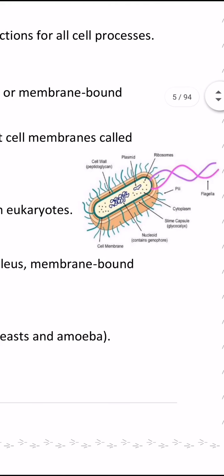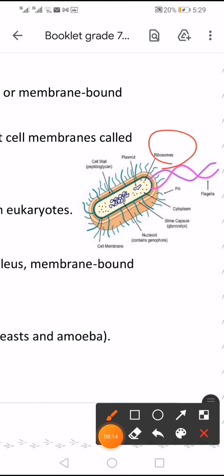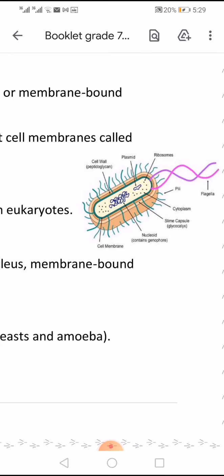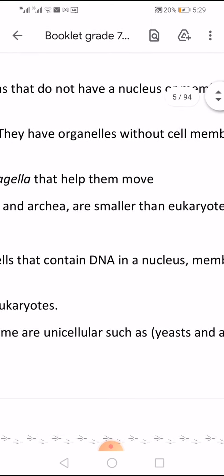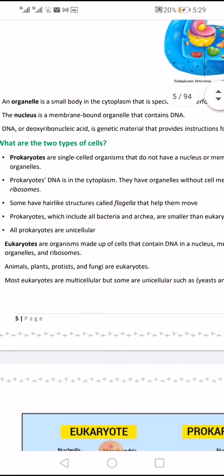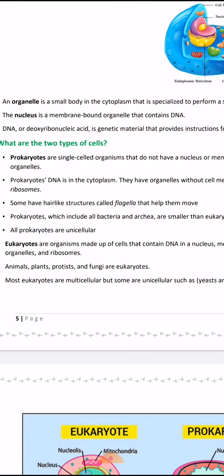It also has a hair-like structure called flagella, which helps it move. All prokaryotes, like bacteria and archaea, are unicellular, made up of only one cell.